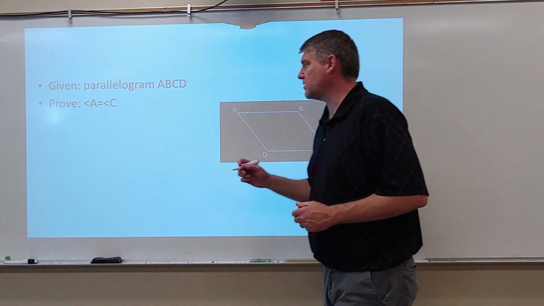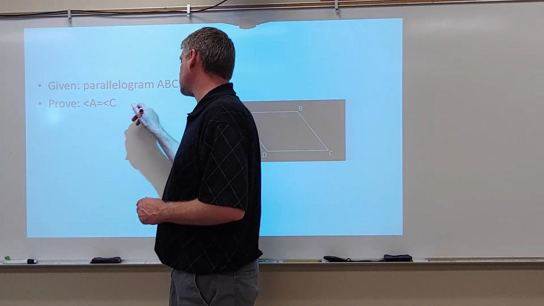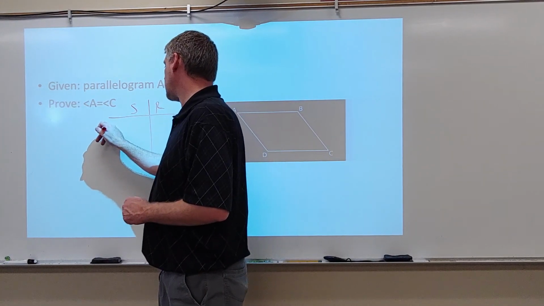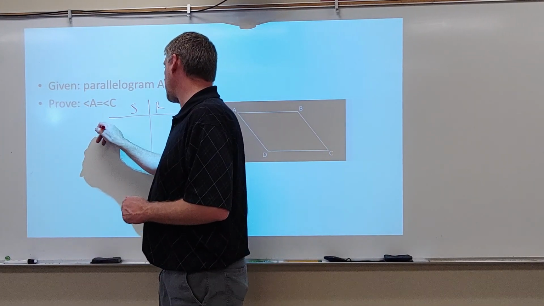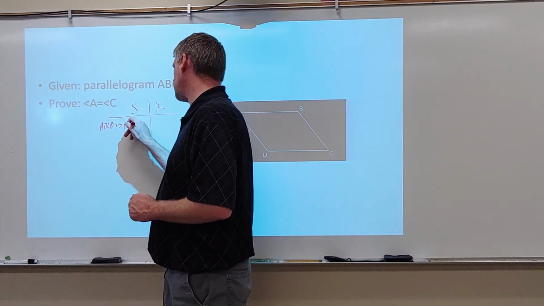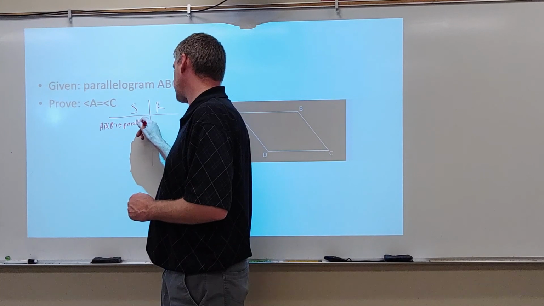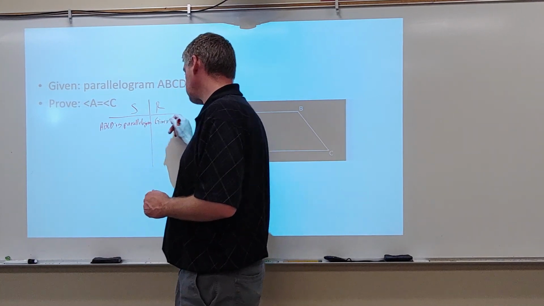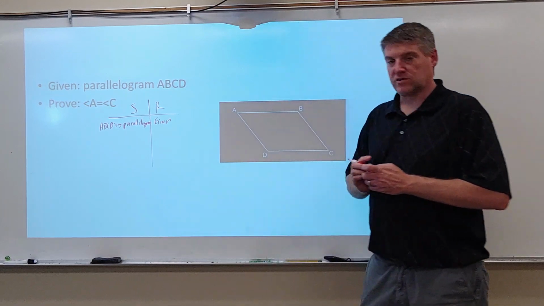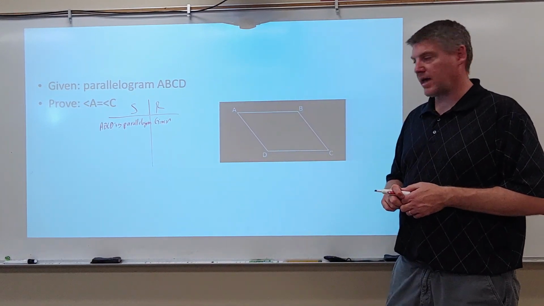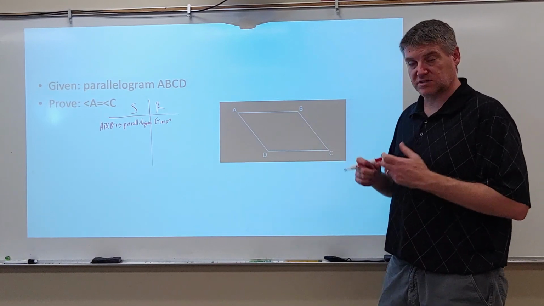So the first thing we're going to do is come up here: statement, reason. ABCD is a parallelogram. Given. Okay. So, well, that's good, right? I'm trying to prove that A is equal to C.